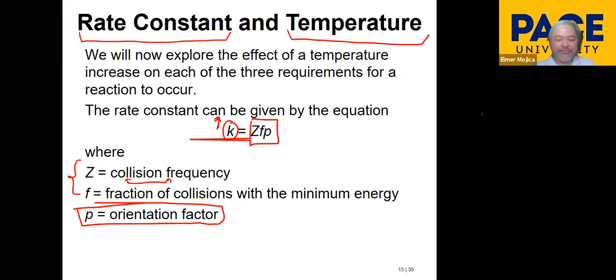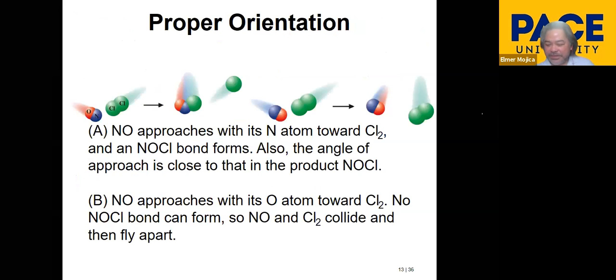Because what is this proper orientation that we have? When we're talking about proper orientation, the molecules should react in a certain orientation. So for instance, you have chlorine gas reacting with NO. For them to be effective, the nitrogen must be the one approaching the chlorine molecule.